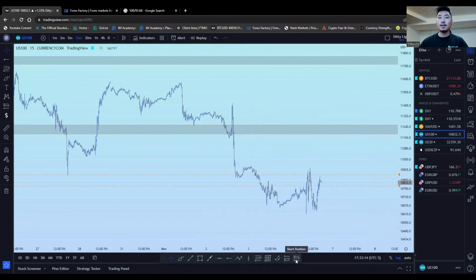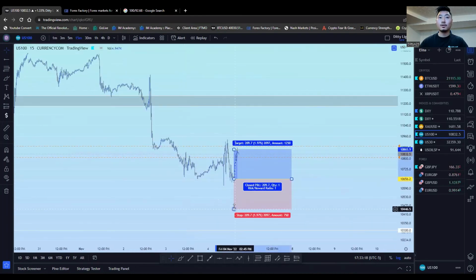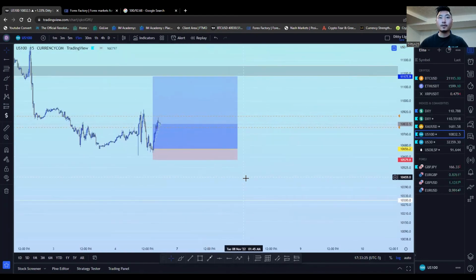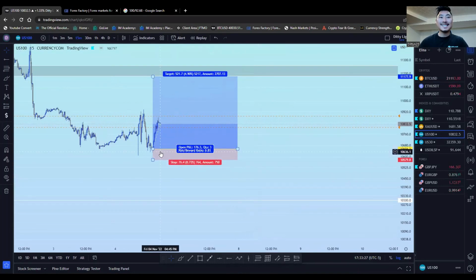So let's say for a long here, for example, then you're risking this amount, boom, and then your final TP, let's say, would be here. Doesn't matter, right? So here is $76.4 of movement that you're risking. How many pips you're risking in that setup is 764 pips.